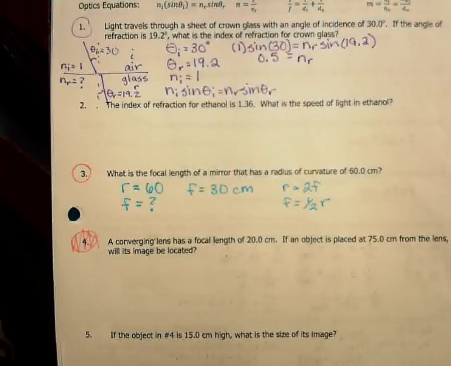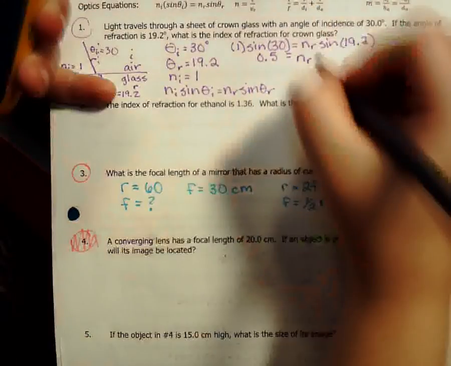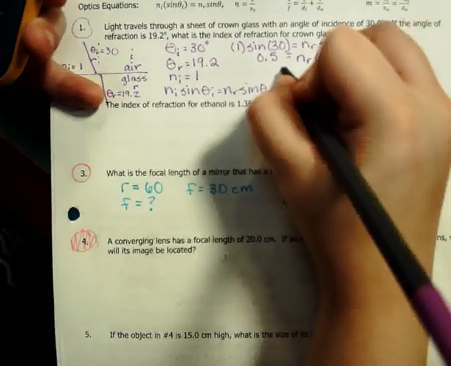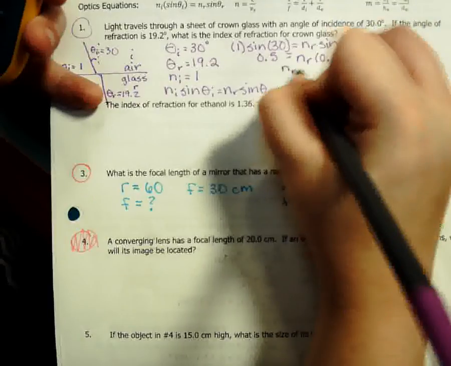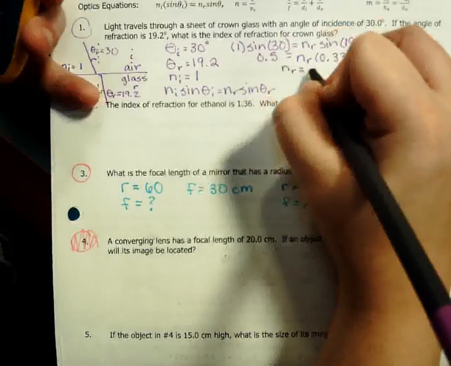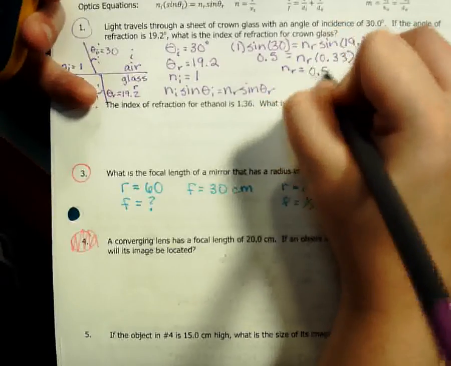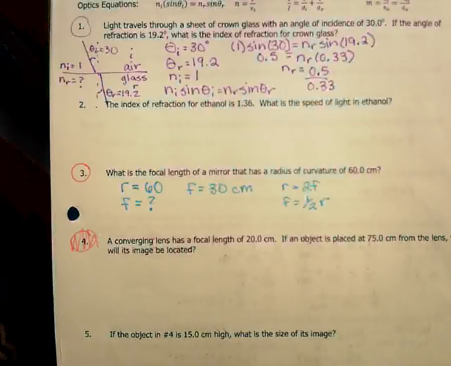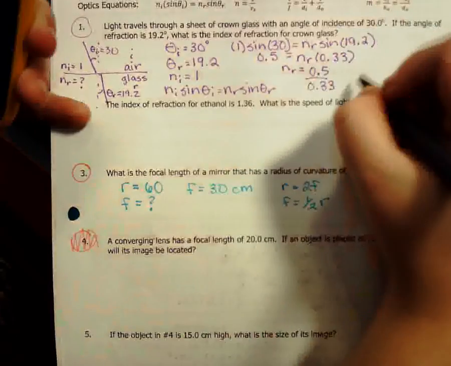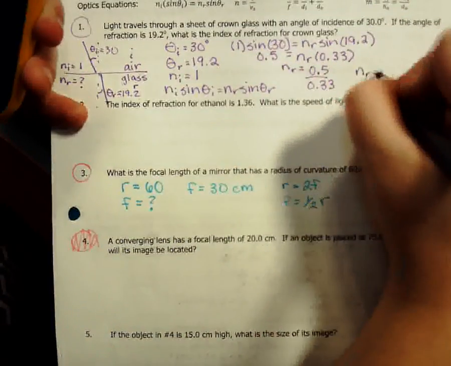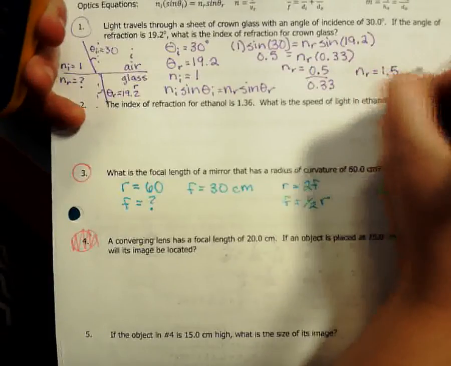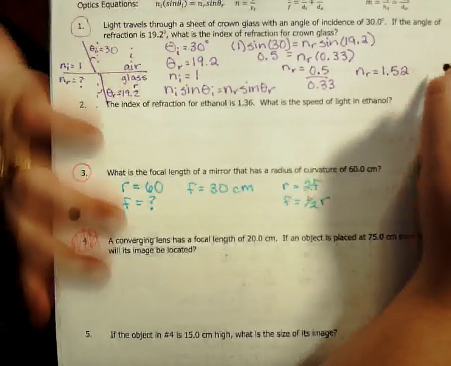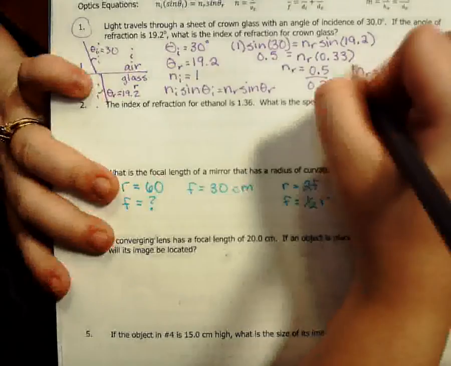The sine of 19.2 is 0.33. So n is 0.5 divided by 0.33, for an answer of 1.52. It doesn't have any units because n is the index of refraction, which is just a ratio.